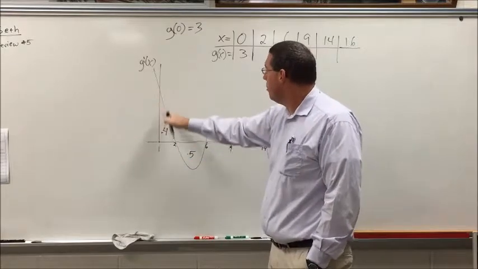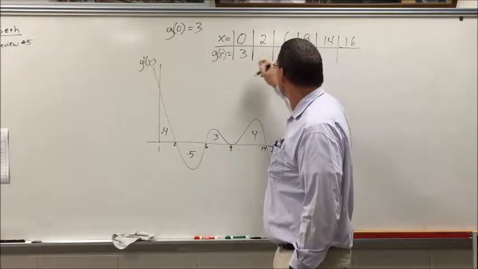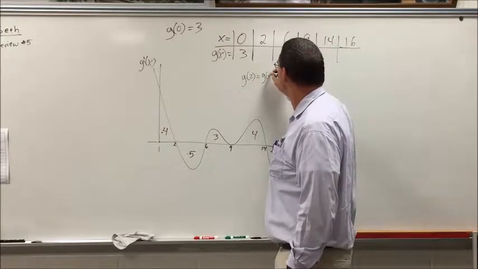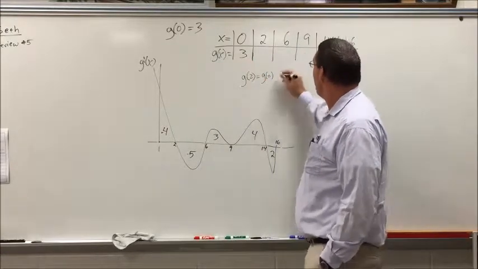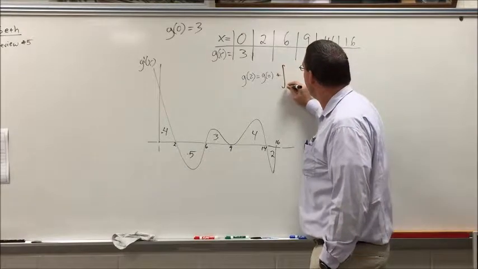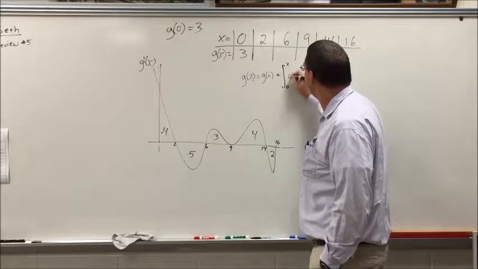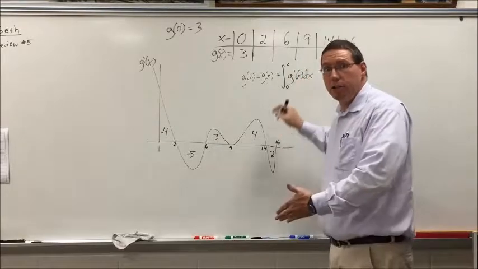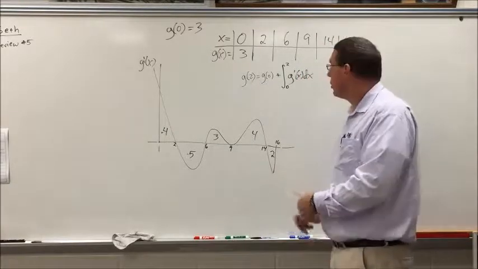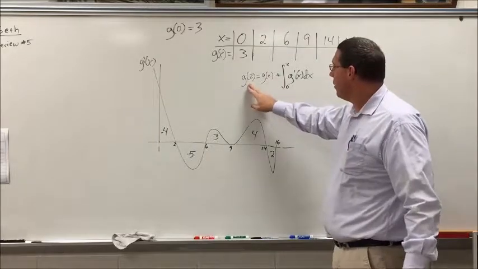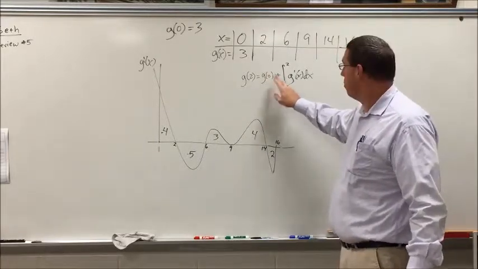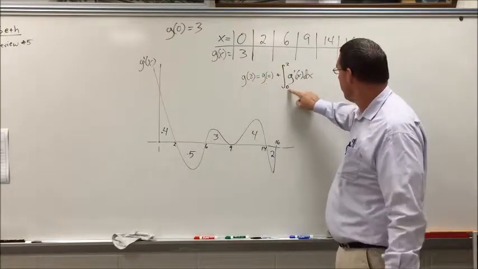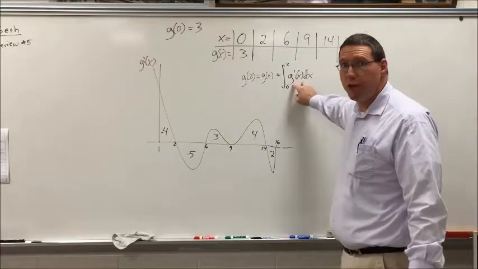Basically g of 2 is equal to g of 0, which is 3, plus the definite integral from 0 to 2 of g prime of x. That is a net change problem. Net change says your ending value is your starting value plus the definite integral from the start to the end of the rate of change.